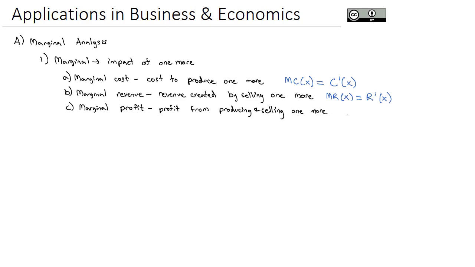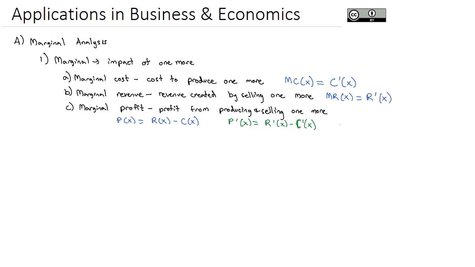Now, we know that the profit is equal to the revenue minus the cost. How much money you brought in, subtract how much money went out. And so if we took the derivative of both sides of this equation, we would end up with the derivative of the profit is equal to the derivative of the revenue minus the derivative of the cost.